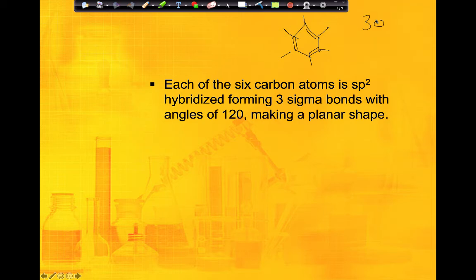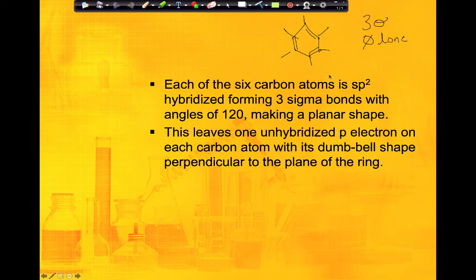So 3 sigma bonds, 0 lone pairs, so I need 3 places for the electrons. It's sp2 hybridized. That means there's a p orbital that's empty. Because you've got that empty p orbital, it's easy for the electrons to switch between the bonds. And it does have a planar shape. All of these carbon atoms sit flat on a plane.